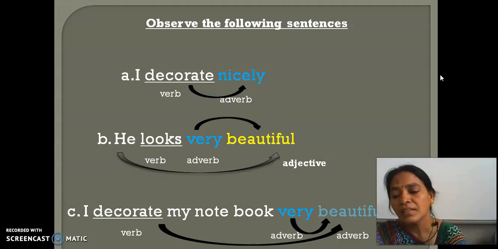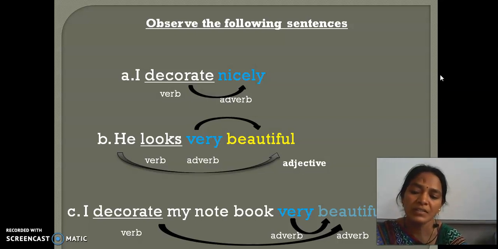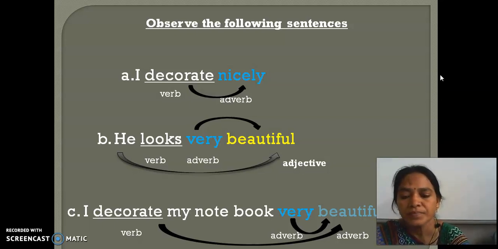See it in the third sentence. I decorate my notebook very beautifully. How do I decorate? Beautifully.